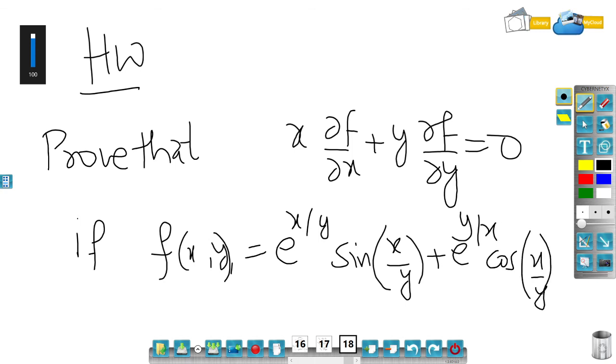That can be done very easily. Here you can see that the degree is basically 0. So if the degree is 0, then n times f is equal to 0. So that one can check out.